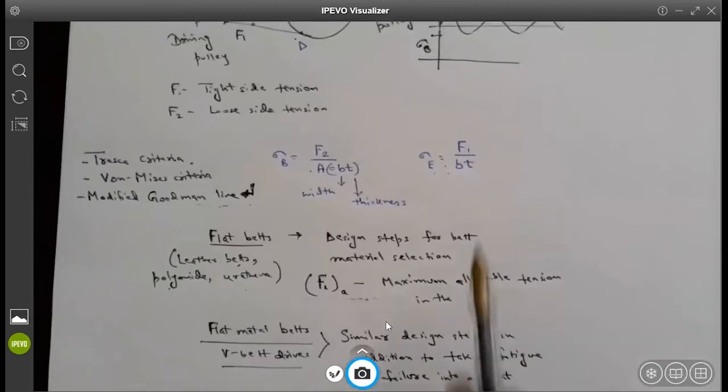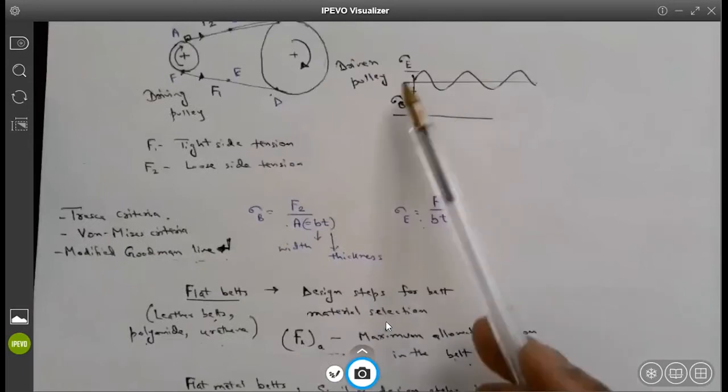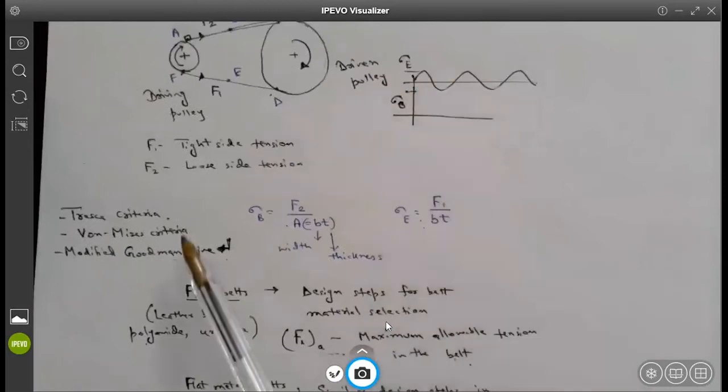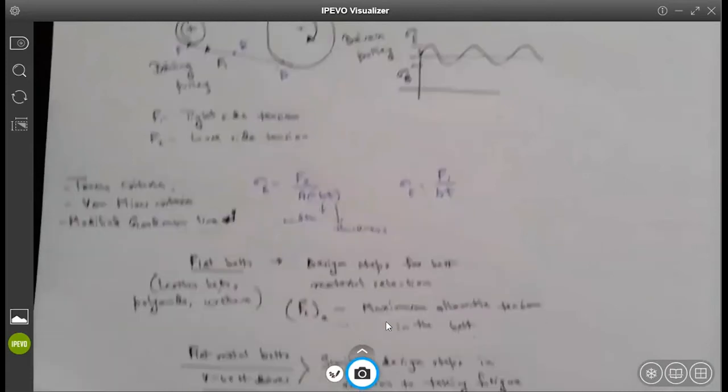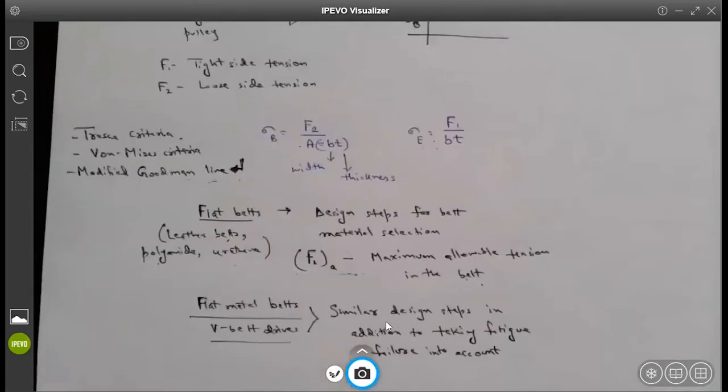So whatever we were discussing, that the stresses keep on changing from maximum to minimum, and then we have to use the modified Goodman line. Those are the concepts we will be using when we design flat metal or sheet metal belt drives, or V belt drives.